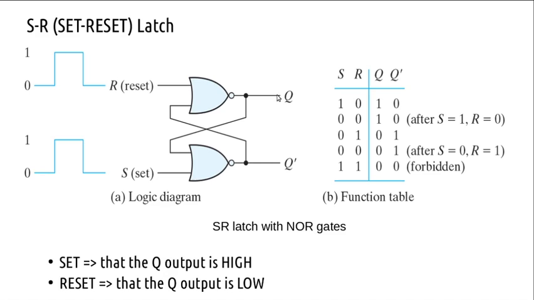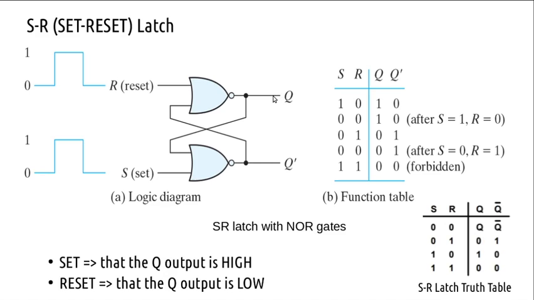The truth table is written like this. Set equals 0, reset equals 1 means your output Q is 0 and Q bar is 1. That is, it is in the reset condition. So reset equals 1 means the output is low, Q is low.